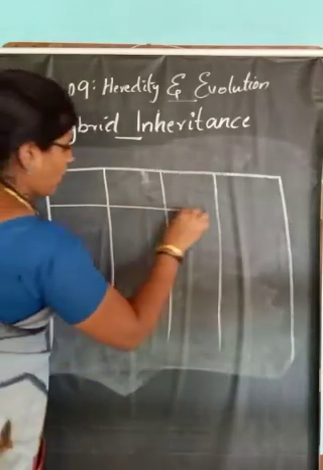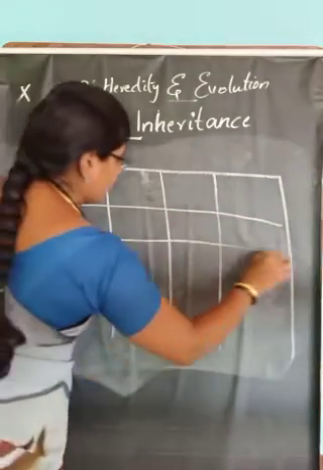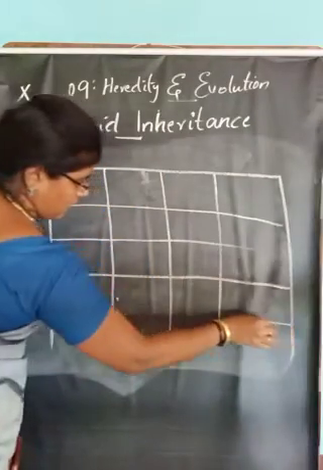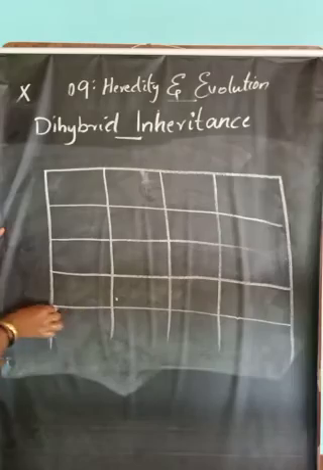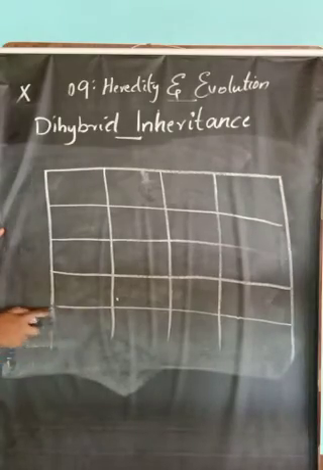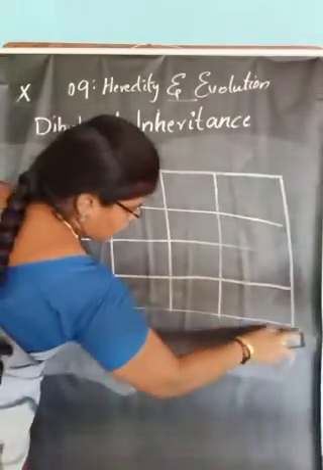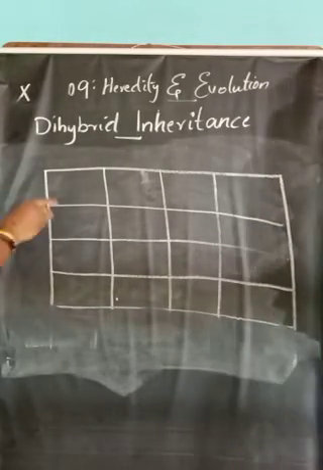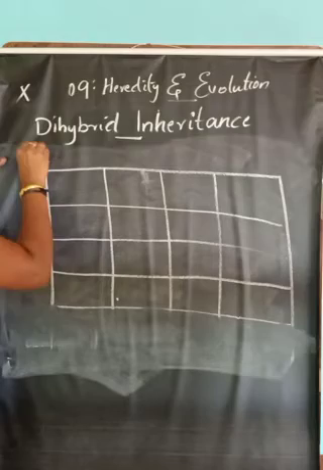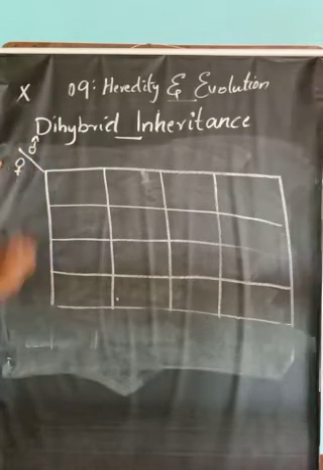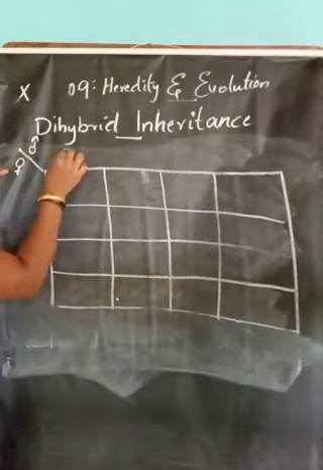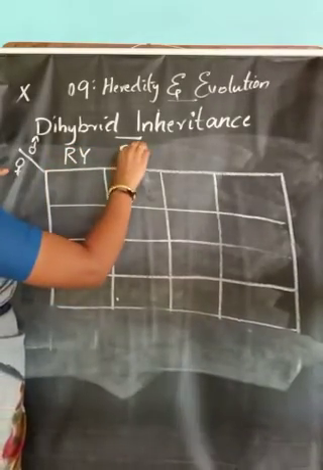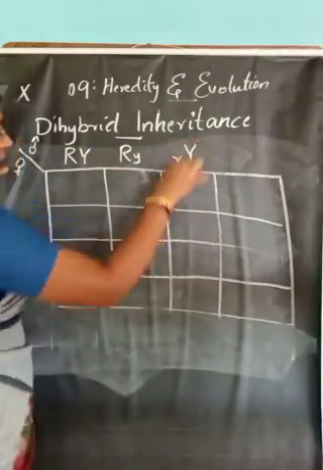1, 2, 3, finally 4. Male, female. So we will write our gametes here: capital R, capital Y, capital R, small y, small r, capital Y, small r, small y.